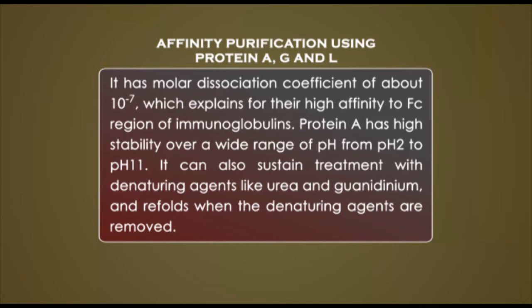Protein A has high stability over a wide range of pH from pH 2 to pH 11. It can also sustain treatment with denaturing agents like urea and guanidinium and refold when the denaturing agents are removed. Protein A also has remarkable resistance to 0.5 molar sodium hydroxide, and therefore cleanup of protein A could be done without any damage to the ligand.